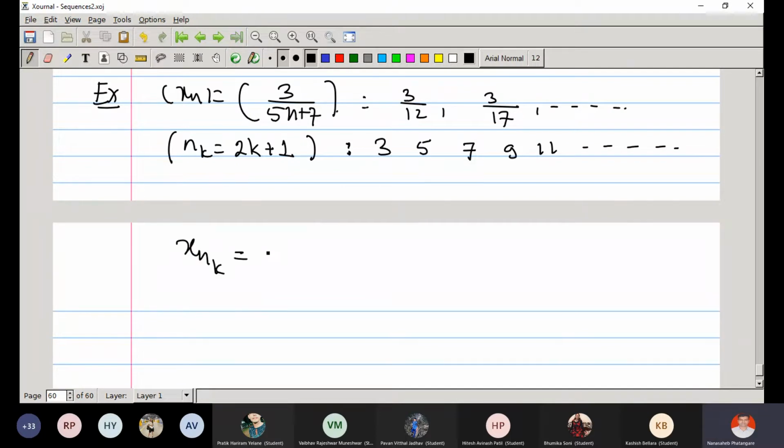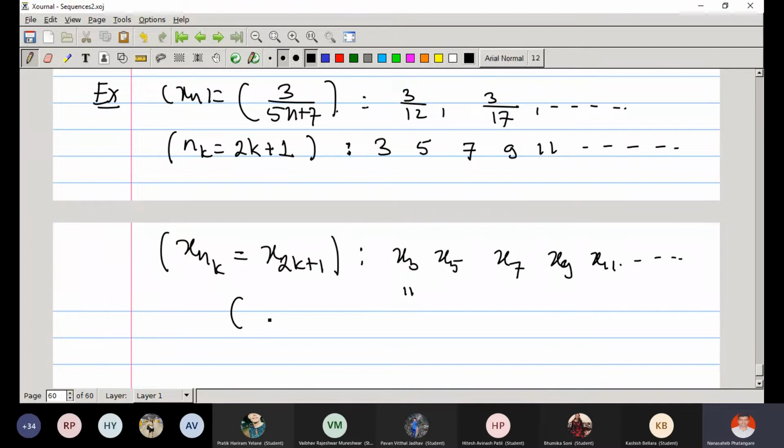So what is xnk? It is x2k plus 1. And what are the terms here? x3, x5, x7, x9, x11. These are the terms. And therefore, what is x3? What is xnk actually? xn is 3 upon 5n plus 7, so xnk is 3 upon 5nk plus 7.